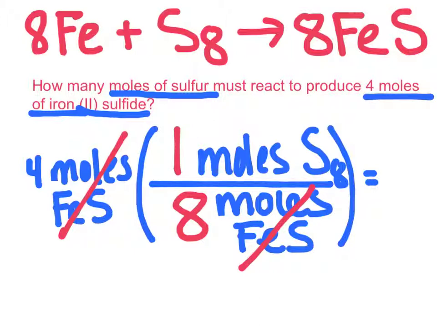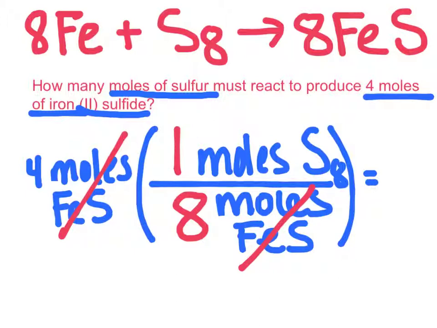So again, now go ahead and solve. PEMDAS says do what first? Yes, parentheses. 1 divided by 8. So go ahead and do that. And then you want to multiply that by 4. Okay, it's actually important that you practice putting this in your calculator because a lot of times I see kids being able to set it up correctly, but then they can't actually put it in their calculator.